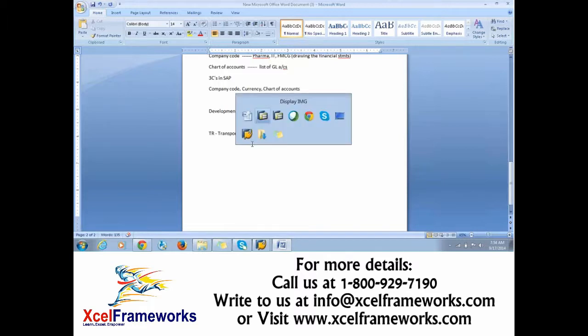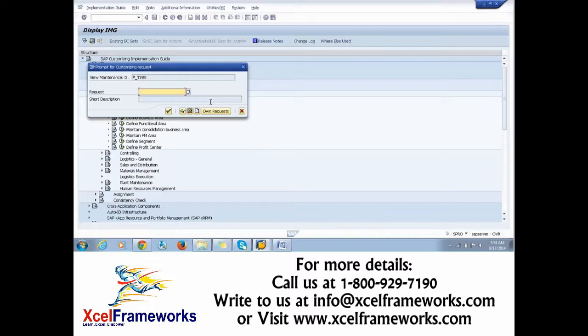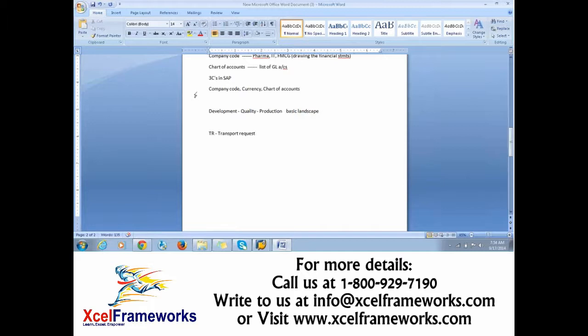Now here it is asking for a TR. In real time, when you get into any project, we will not be authorized to create our own TR. The Basis team will create the TR and give it to us.